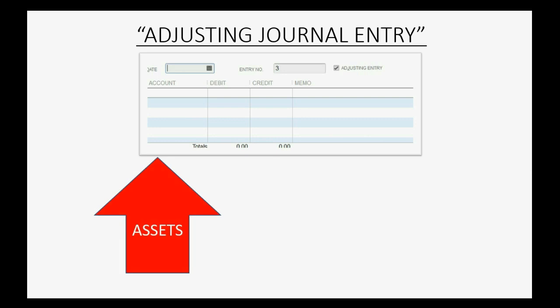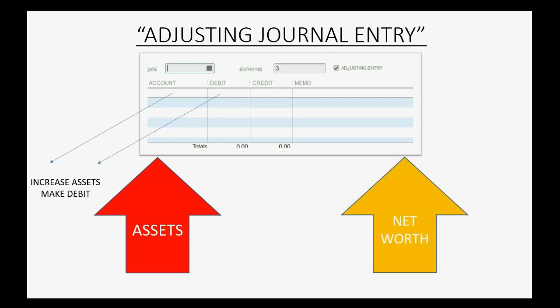If you add assets to your records, that means QuickBooks will reflect that you have more net worth. And we know that in order to increase an asset, you would make a debit, and therefore to increase your net worth, you would make a credit.